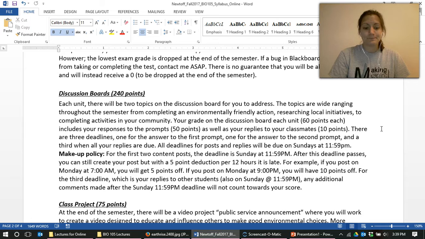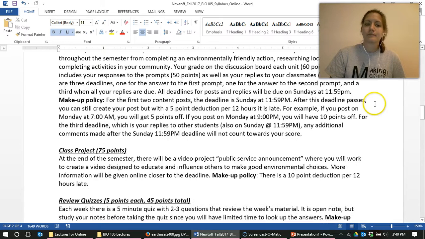The second one is you're going to do some sort of environmental action related to the topics from that week. And then part of your grade is also replying to other students. There's a whole section on Blackboard called Discussions FAQs. Take a look at that. A lot more information on the discussion boards can be found there.